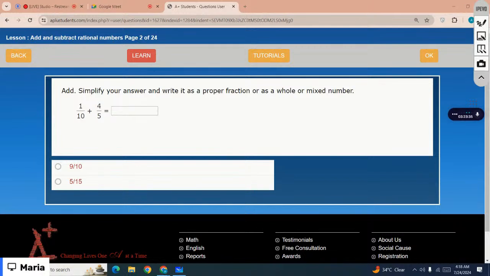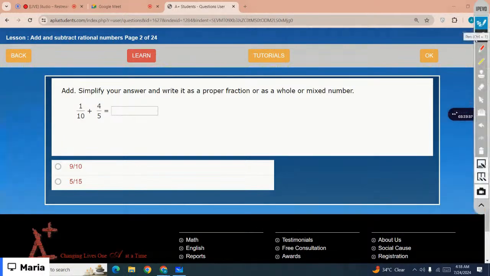The next one is 1 by 10 plus 4 by 5. That is 1 over 10 plus 4 over 5. Because they have unlike denominators, the first thing is you have to make their denominators the same.